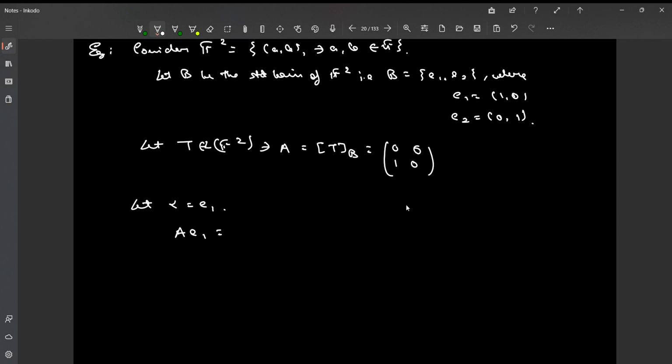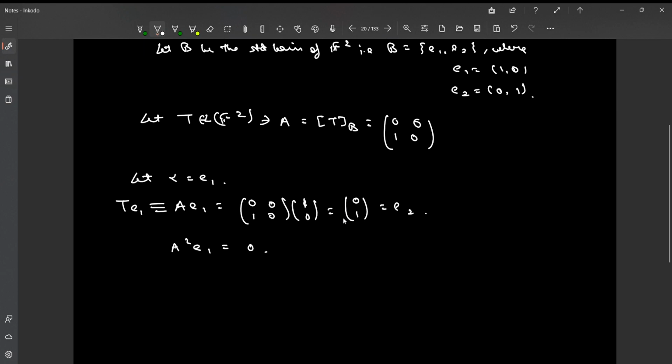What can we say about T E1? T E1 is the image of E1 under T, right? So it's the matrix 0 0 1 0 times the vector (1, 0), which comes out to be the vector (0, 1), but that is equal to E2, right? And what can we say about T squared E1? It's 0, right?